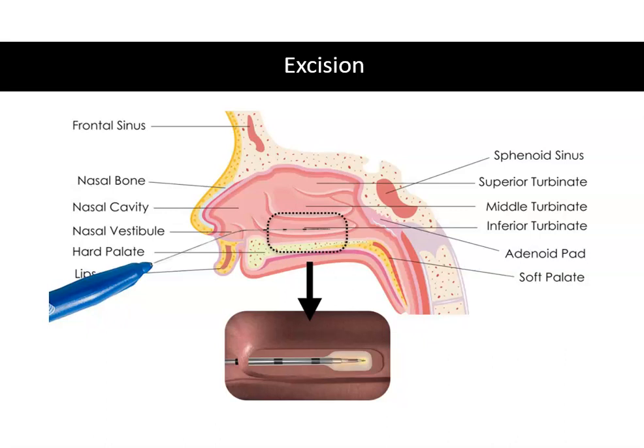Next, drop down to 30130, which is for the excision of the inferior turbinate. I want you to note that if this procedure is done on the superior or middle turbinate, you're not going to use 30130. Rather, the parenthetical note tells us to use 30999.